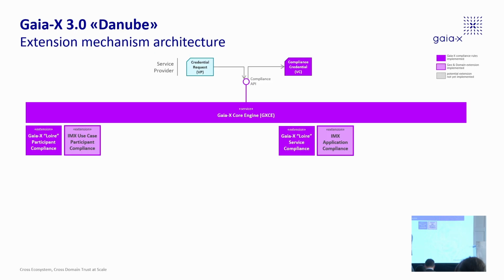Or, and this is what Delphine will show you, we implemented a Japanese, or actually international region, identity extension just to play around. And this is needed for SPS next week. So we know how the ontology looks like, what they want, and how a credential basically looks like. This is running in the same context as the core engine. The core engine just acts as a dispatcher in that way.